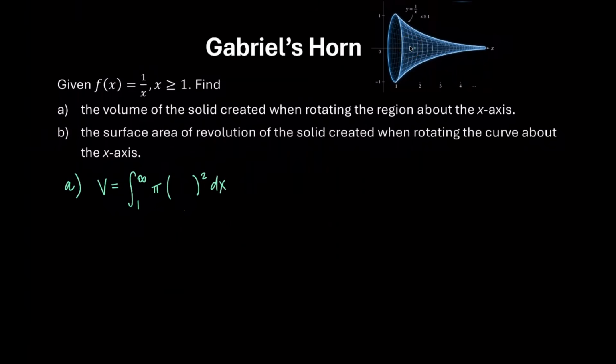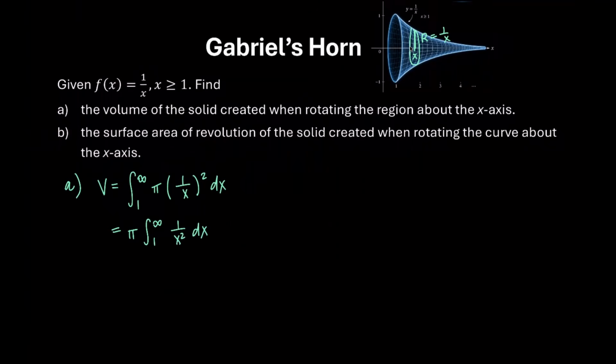So if I just take a sample cross section at x, that cross section again is going to be a circle, and the radius r is going to be just 1 over x. So we're going to have 1 over x as my big radius squared. So let's go ahead and pull a pi out of there. So we'll have pi, the integral from 1 to infinity of 1 over x squared dx.